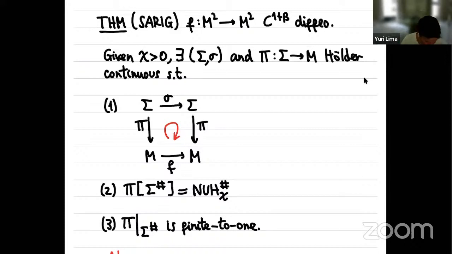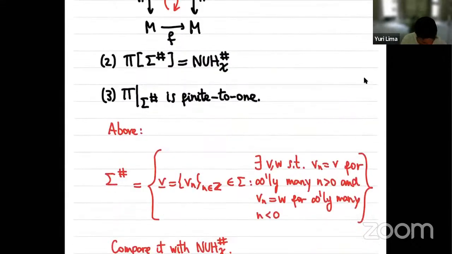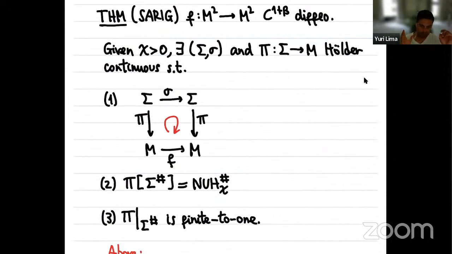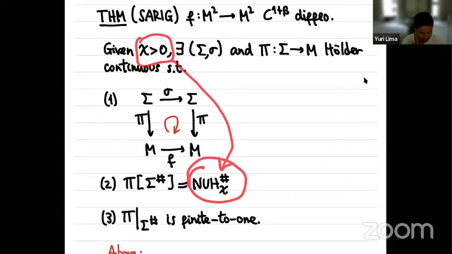So again, you have your surface diffeomorphism, a geometrical object, and you are interested in understanding its non-uniform hyperbolicity. You fix a threshold to understand the non-uniform hyperbolicity, and then you look from this threshold to a subset of your manifold, the good subset in which you have a good non-uniform hyperbolicity with also some recurrence.